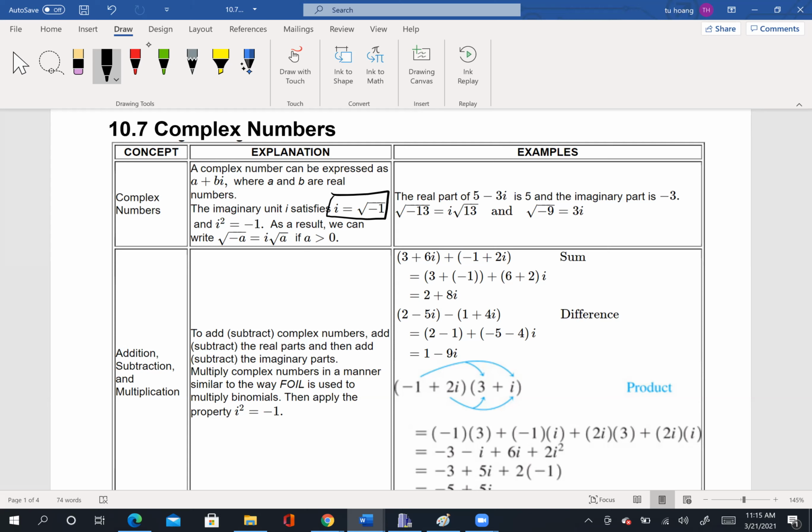Remember last time I said the square root of a negative number, or the square root of negative 1, will not be a real number, right? If it's not a real number, what are we going to call it? We call it an imaginary number. It's denoted by the letter i, and i is equal to the square root of negative 1.